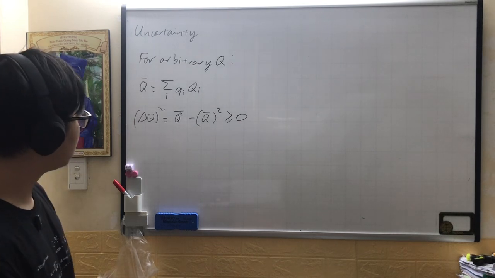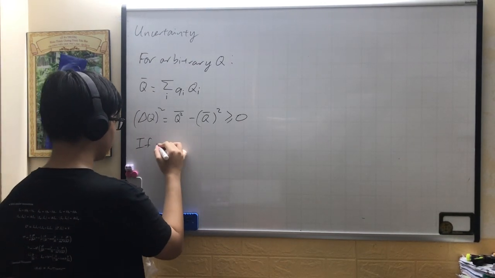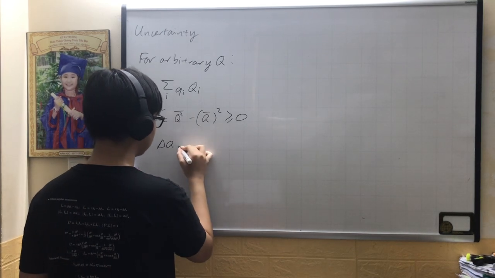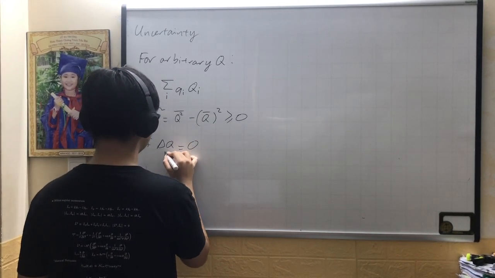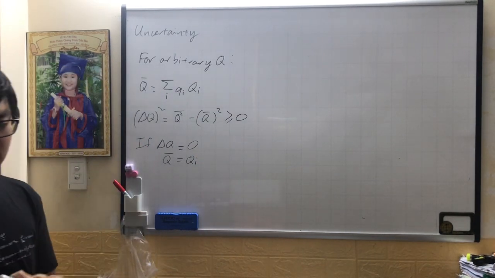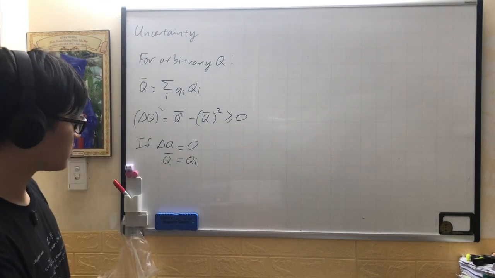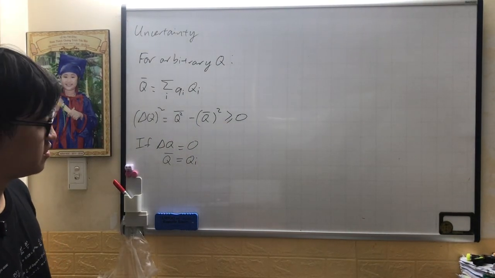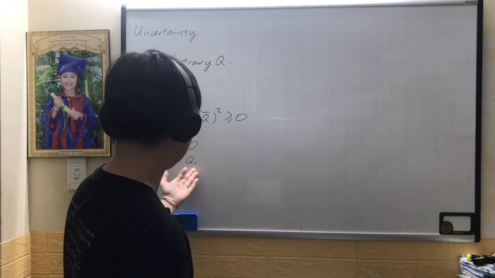And if your variance is equal to 0, your mean would be equal to your Qi, meaning there is absolutely no spread. So you get that it is deterministic, no spread.